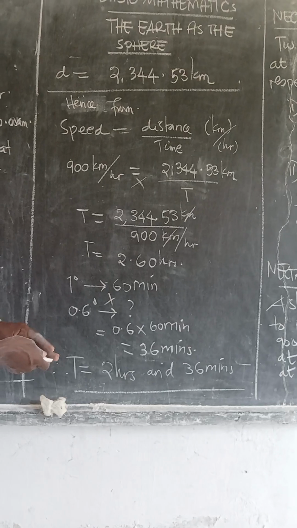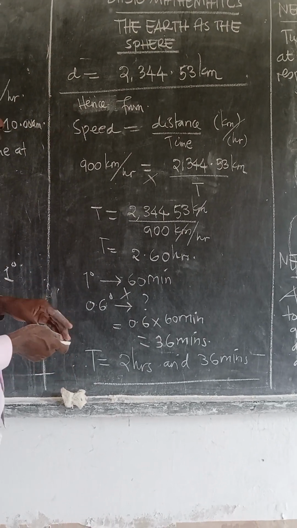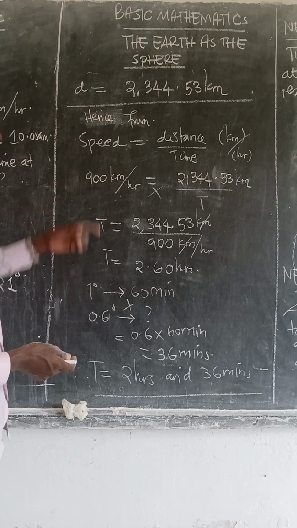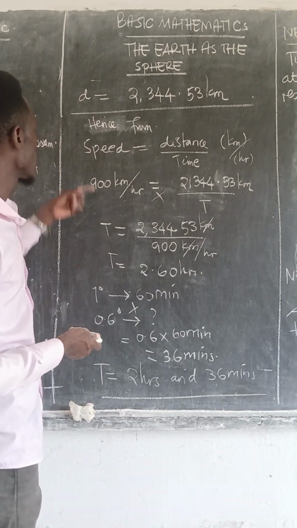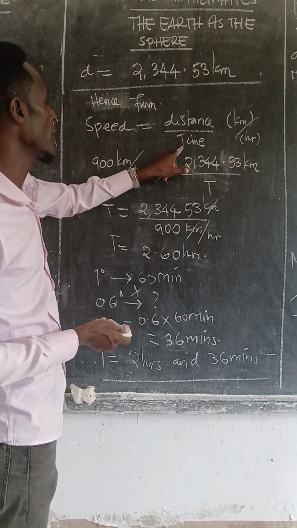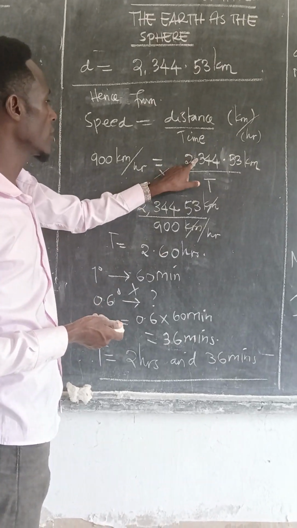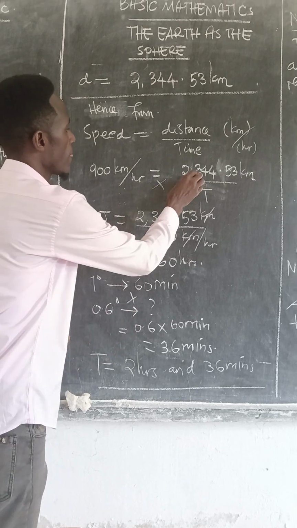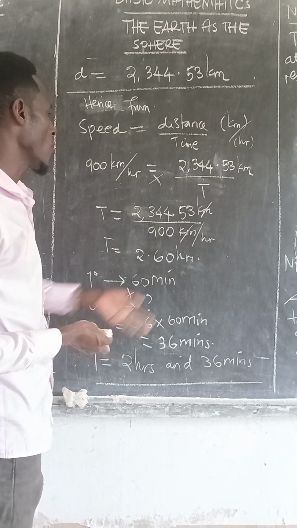The distance is 2,344.53 kilometers. Because we have this distance and the speed of 900 kilometers per hour, and speed is equal to distance over time, we substitute: 2,344.53 kilometers over time.